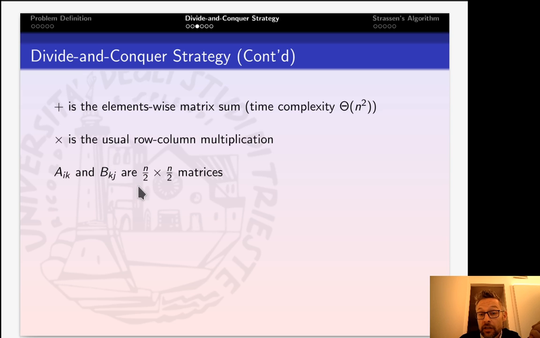And as already noticed, by splitting the original matrix into blocks, all the matrices A_jk and B_jk, which are basically blocks, have size n divided by 2 multiply n divided by 2.